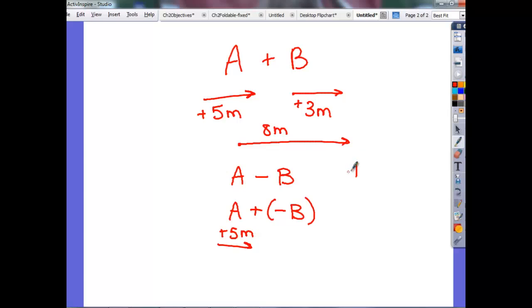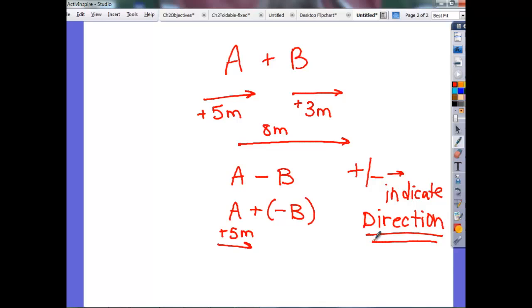Very important in physics that positive and negative only indicate direction. Okay? There are no such thing as negative numbers when we're talking about vectors. They're just telling us the direction that the object is moving, or the direction of the velocity, or the direction of the acceleration when we get into later chapters, actually later in this chapter. So if I want to take a vector and make it negative B, I simply have to reverse its direction.